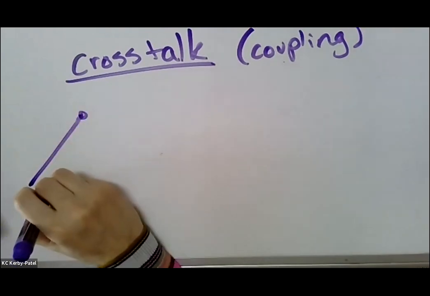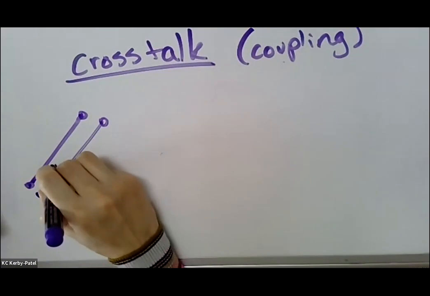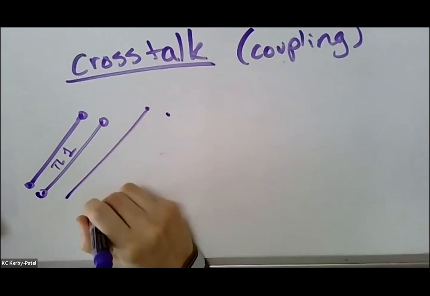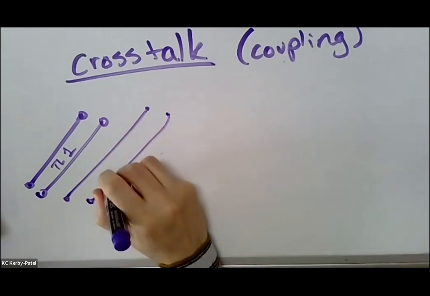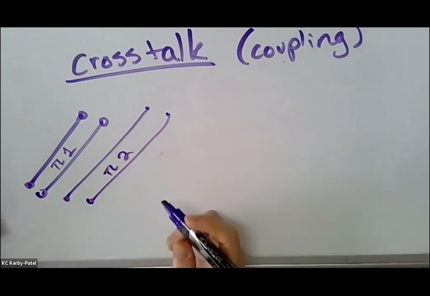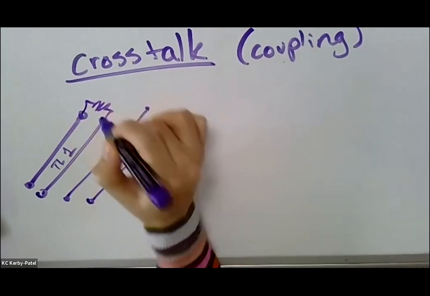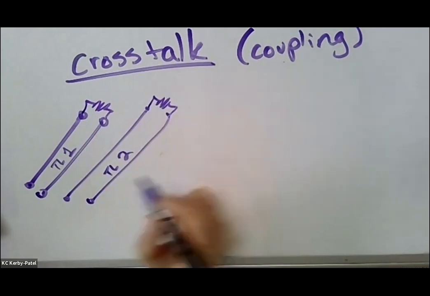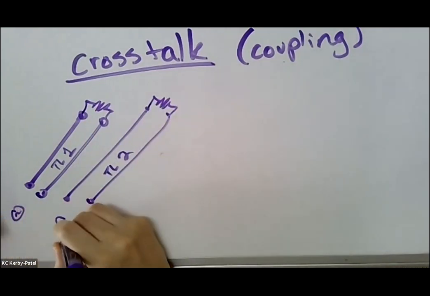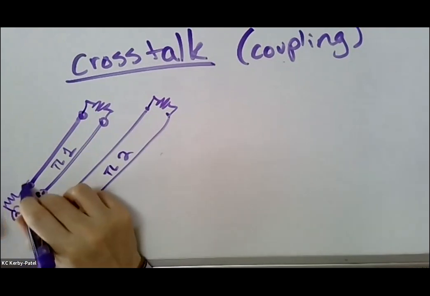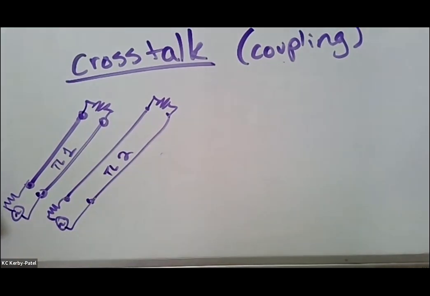I'll draw transmission line number 1 like this, and transmission line number 2 like this. And let's say that they both have a load, they both have a source with some sort of source impedance, and they're all connected up. They look great. If they're just like this and there's no coupling between them, it's fine.